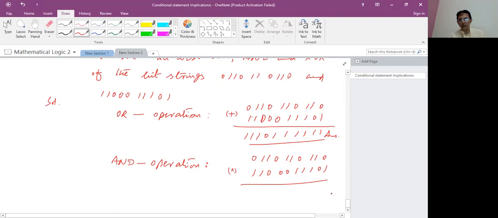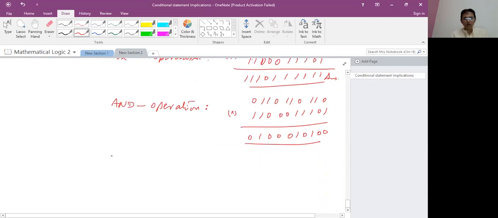If we multiply together, 1 dot 1 is 1, 1 dot 0 is 0, 1 dot 1 is 1, 1 dot 0 is 0, so the result is 0010. So this is your result for the AND operation.